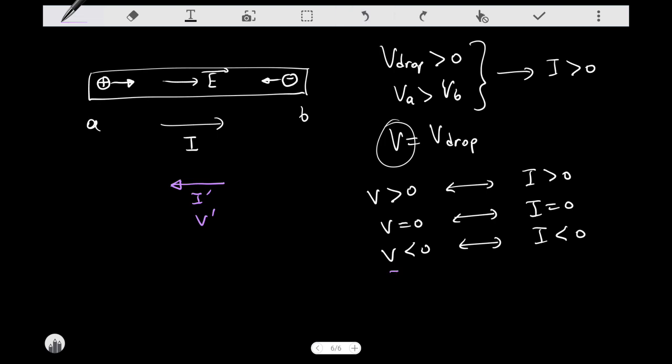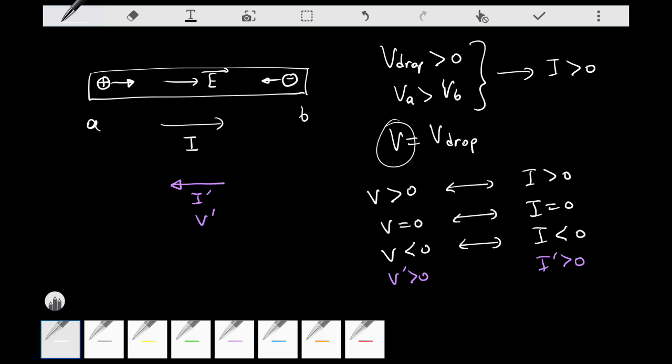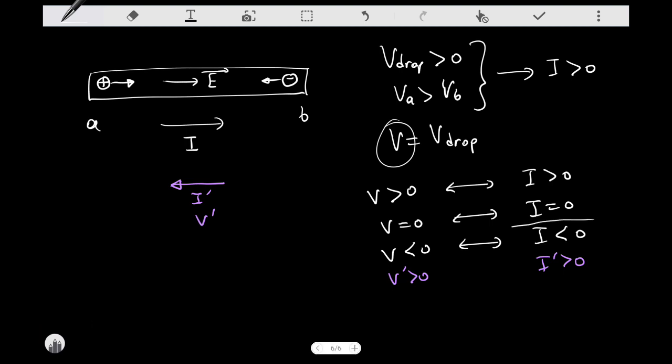Right? So that means the potential drop would be positive, in which case the current is positive. So therefore the conclusion that in a given direction the potential drop is negative is consistent with the current being negative. Again, let's repeat that this is for resistors only, for passive elements.